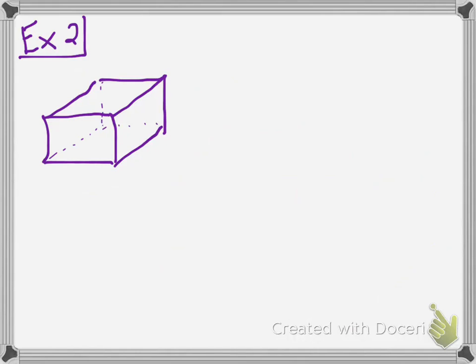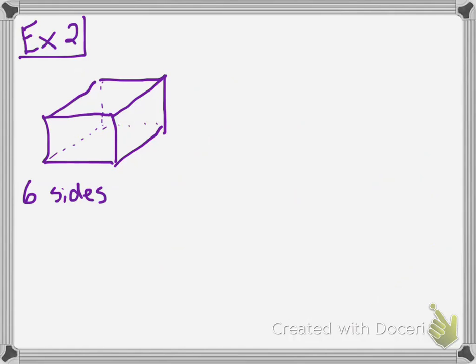Like in a rectangular prism or a cube, I have 6 sides. I got 2 that are the same size: the front and the back, left side, right side, top and bottom. And I need to make sure I draw those out.